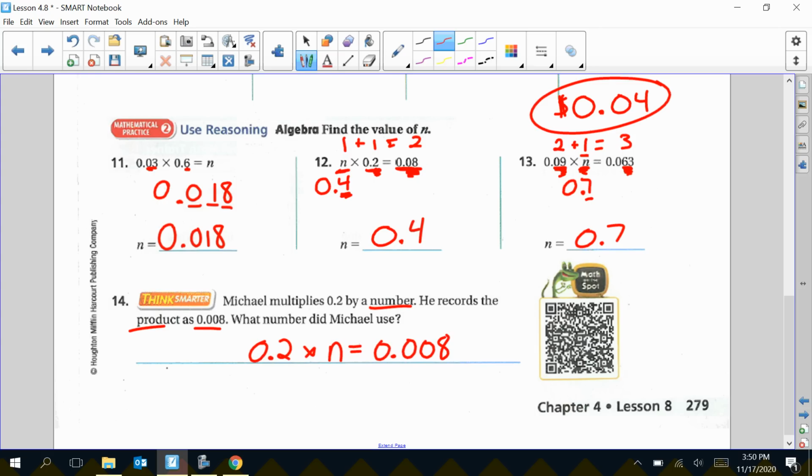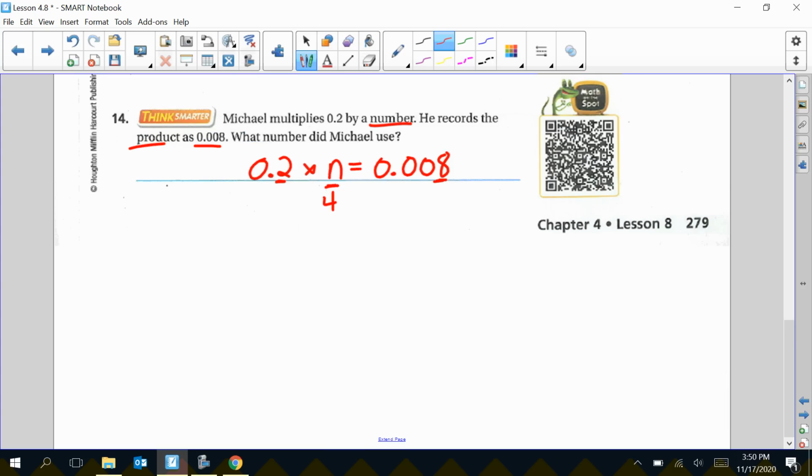So first of all, 2 times what gives me 8? Well, 2 times 4. I'll scroll down. 2 times 4 gives me 8. But there is one number to the right of the decimal in the first factor, plus how many numbers to the right equals 3 places to the right in our answer.